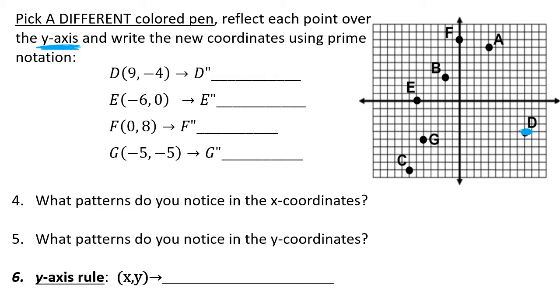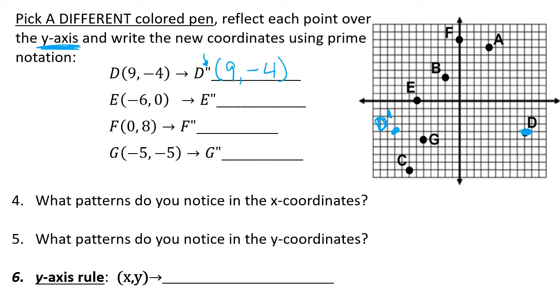So I'm going to go 9 units this way, and that's going to give me my point D prime. So my new point is going to be 9, -4. This is D double prime, because we already had prime, so that's why I marked these double primes right here. So at this point, I want you to hit pause, and answer questions 4 through 6 after you find the coordinates of the points.